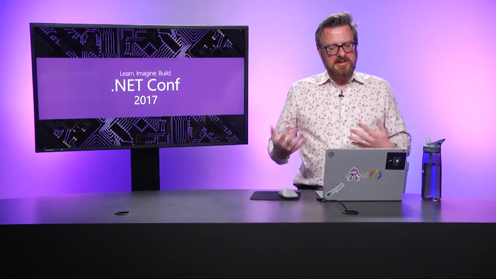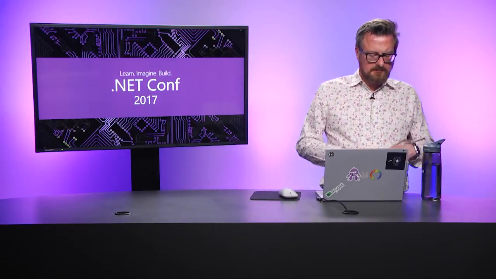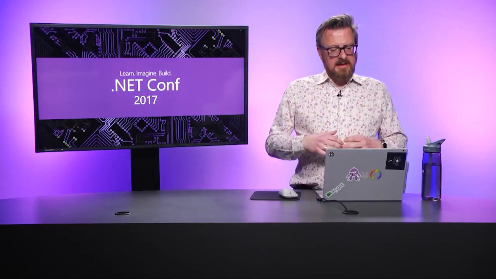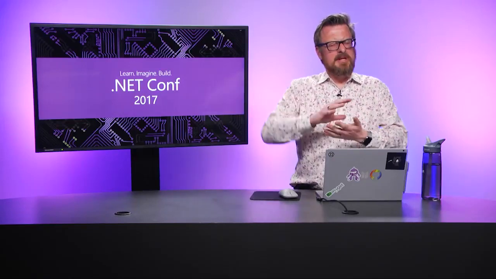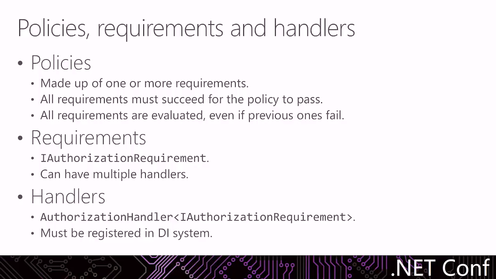So let's talk about policies, requirements, and handlers. A policy is just a way of naming something. When we try and enter Microsoft buildings, those of us that are employees have a magical badge that we tap against the little black box and the door opens. So the policy there would be, do they have the magical badge and have they tapped it against the box?